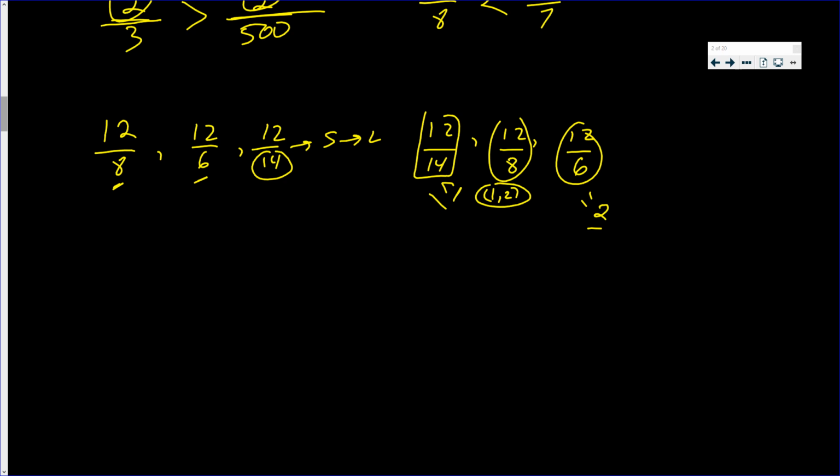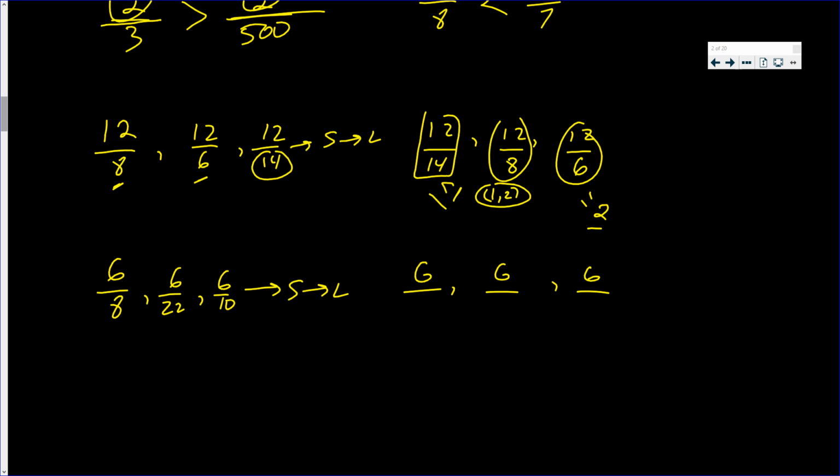Suppose you have 6 out of 8, 6 out of 22, and 6 out of 10. And again, we want to go from smallest to largest. Well, it's kind of obvious what the numerators are going to be for their ordered numbers. They're all 6.